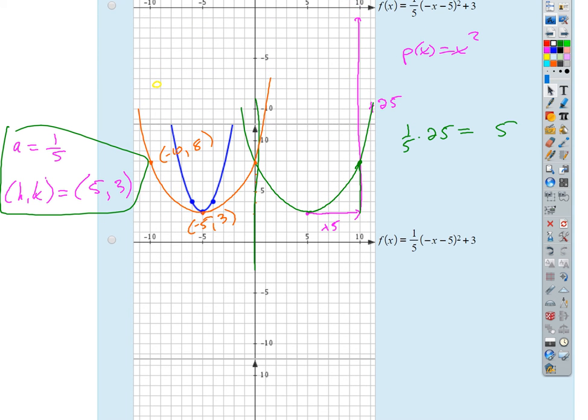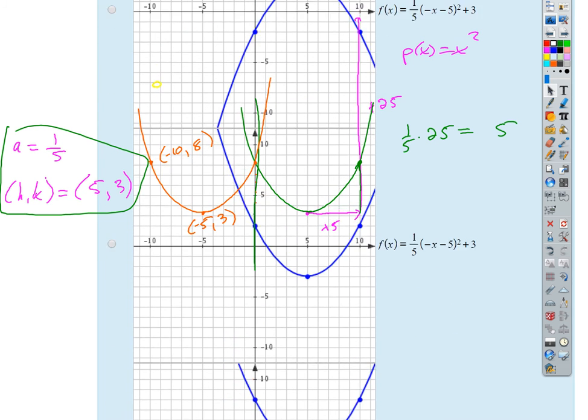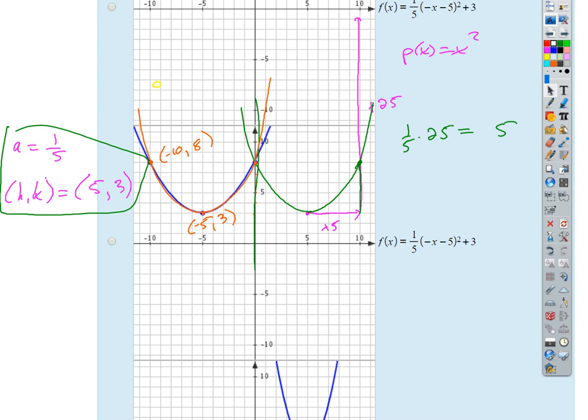Right location, wrong shape. Wrong location, wrong shape, wrong. Ooh, what do we got there? That's it, isn't it? We can see that it's going through key points, and it's got the right vertex. Everybody agree? Okay.